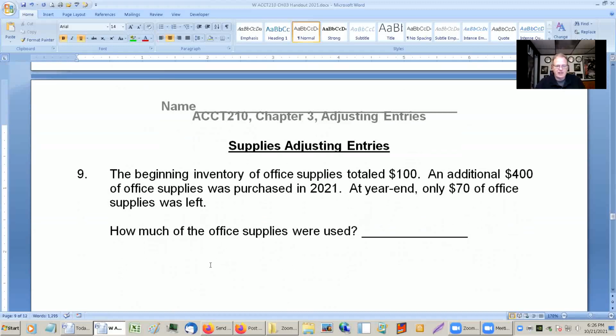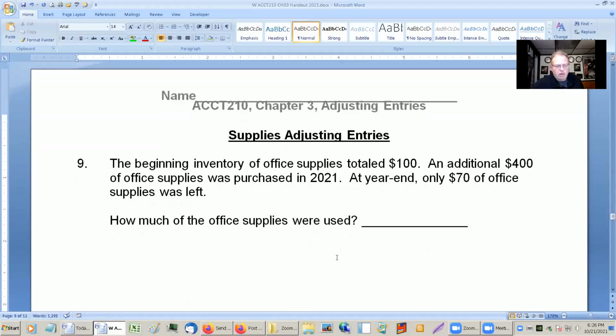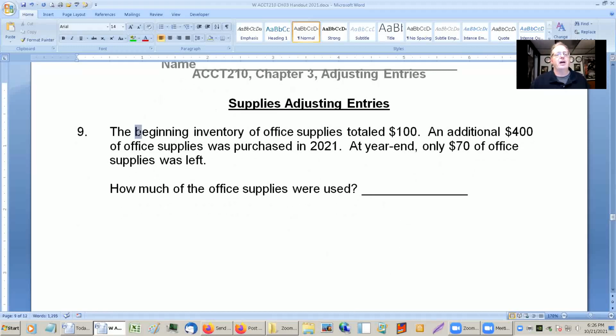Supplies. This one is left to the end because I think it's the most difficult of all of them. And by the way, the next chapter we cover is kind of based on this idea. It's going to be on inventory. So anyway, we have beginning inventory of office supplies of $100. $400 of supplies were purchased.